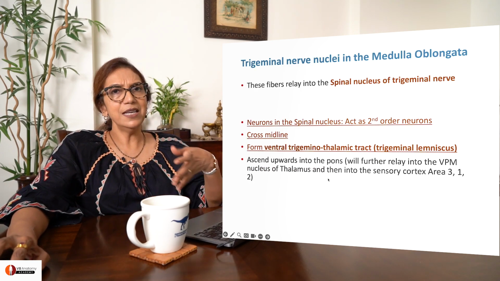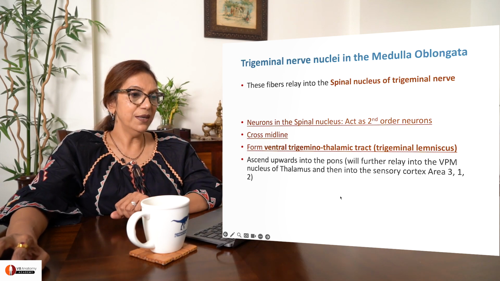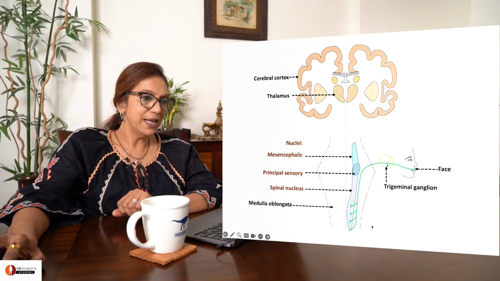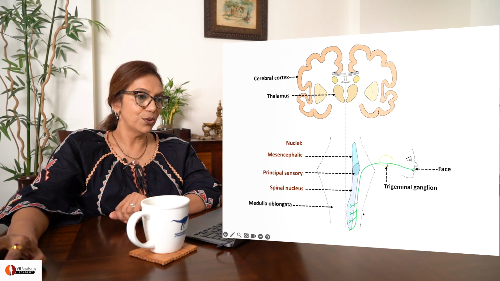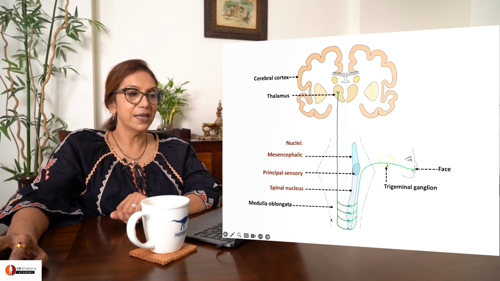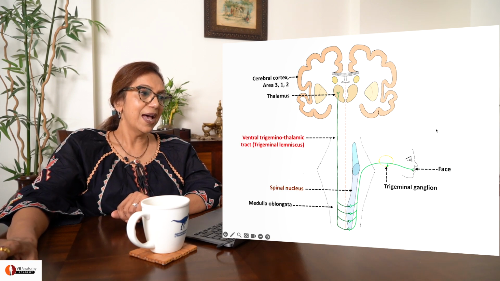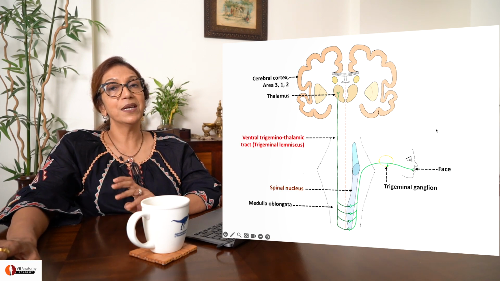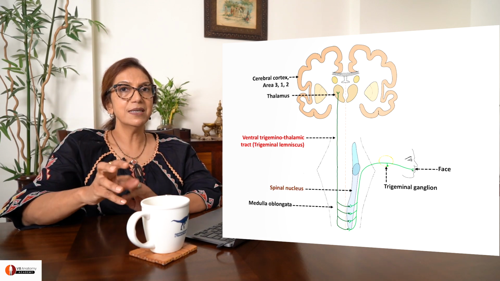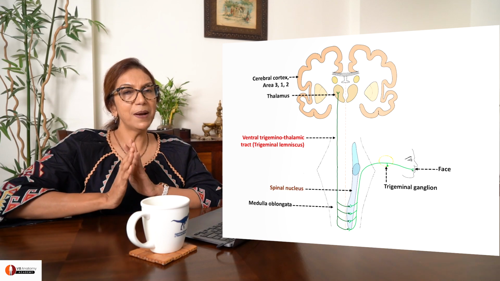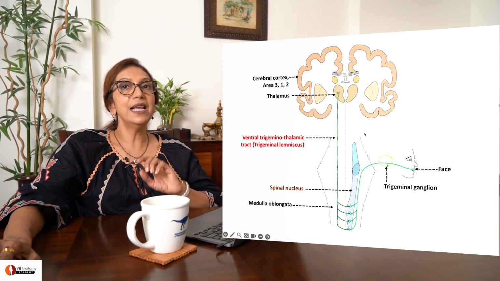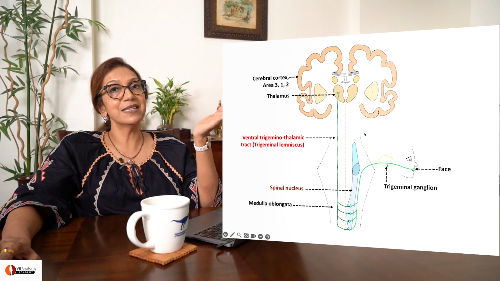This theory is for you to read, it's not for me to read. Let's move forwards. Their fibers cross midline. See how they are crossing midline and ascend upwards as the ventral trigeminothalamic tract. So first order neuron from face to spinal nucleus, second order neuron from spinal nucleus forming ventral trigeminothalamic tract, relaying into thalamus of the opposite side.